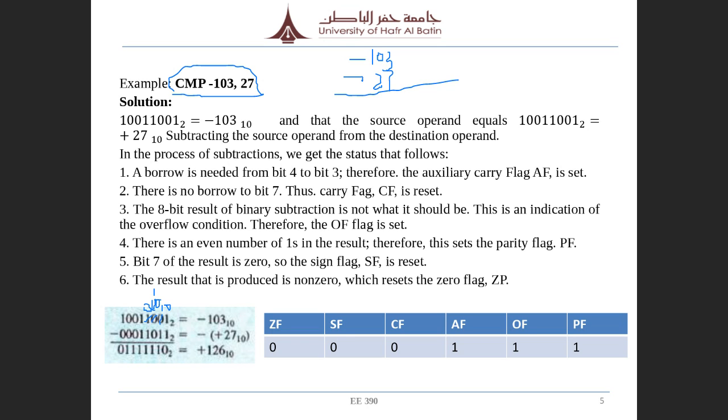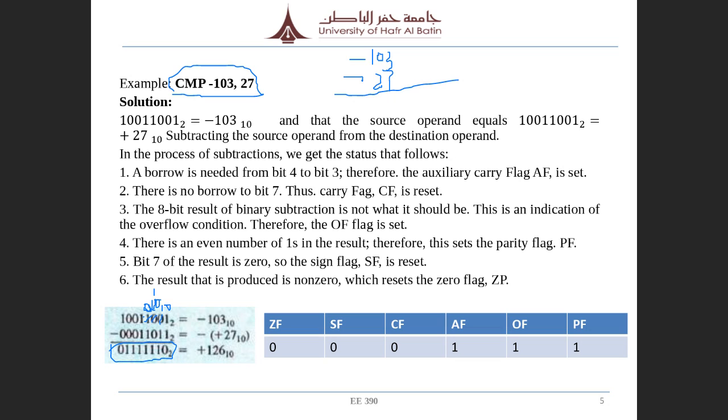Now 1 minus 1 is 0. 10 minus 1 is 1, because 10 is 2 minus 1. Then this bit 1 minus 0 is 1, and here it is already 0 after the borrow. So 0 minus 1 is not possible; again we take the borrow from here. If you continue this way, I think you already know it. If it is not clear, you can tell me. So the result is 0 1 1 this way.